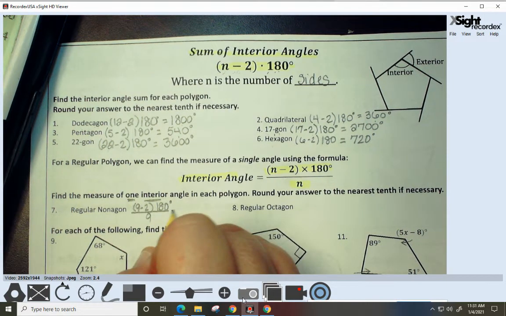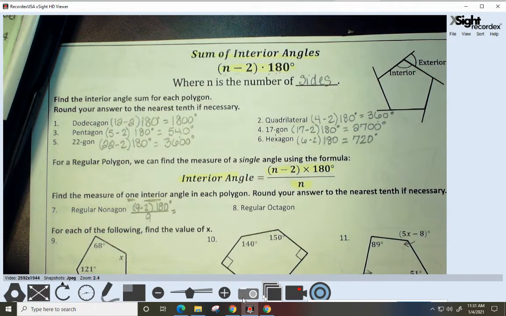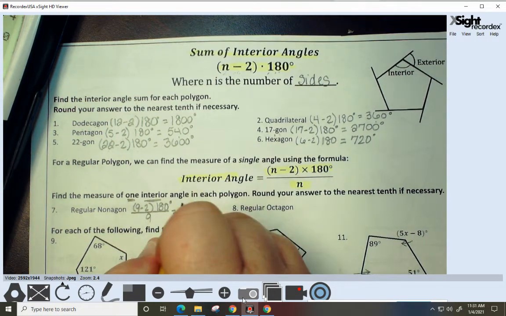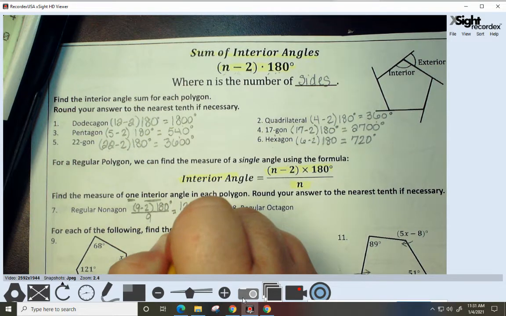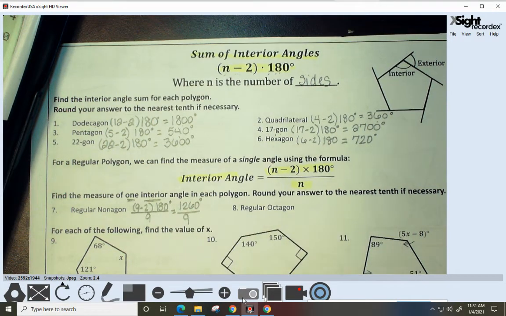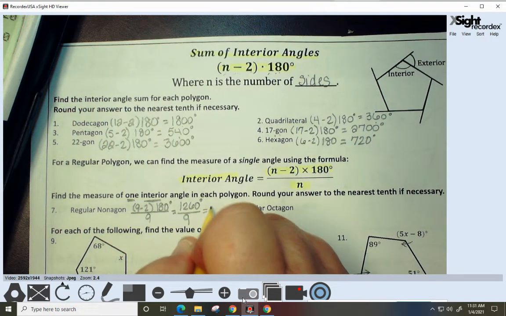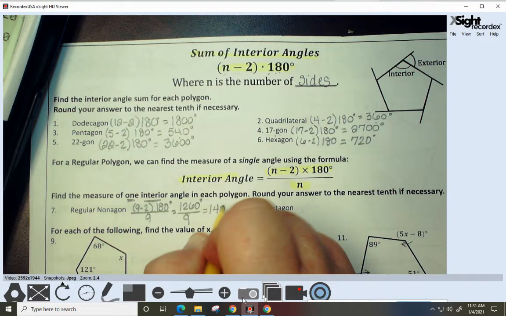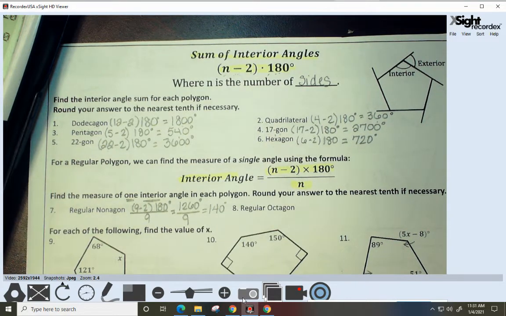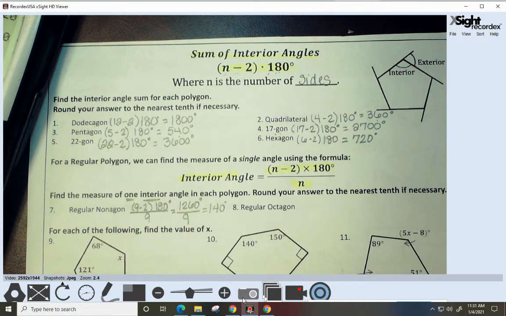So on the top, 9 minus 2 is 7, and 7 times 180 is 1260 degrees. Then we come back and divide that answer by 9. So every angle in a regular nonagon is going to be 140 degrees.